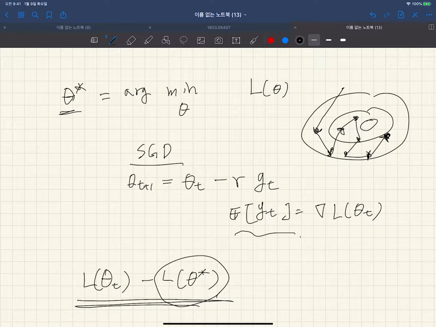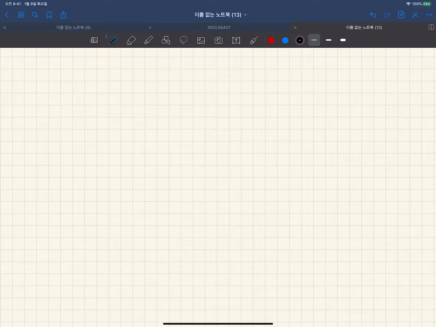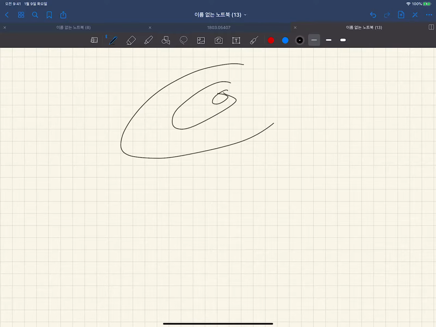And even more, we can stop earlier than usual. So we can stop before your trajectory gets close to the optimal zeta star, so that your point can be far from the training optimal point, zeta star.